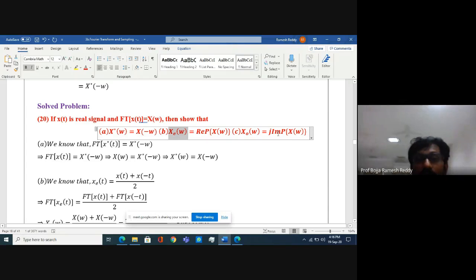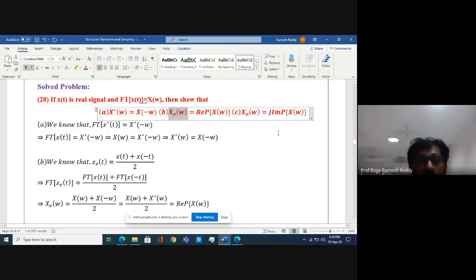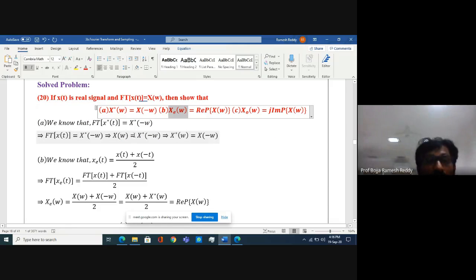That is the outcome of this property. See how? We know that the Fourier transform of x star of t is X star of minus omega. Fourier transform of x of t is equal to X star of minus omega implies X of omega is equal to X star of minus omega. That is a bit, a bit very simple.